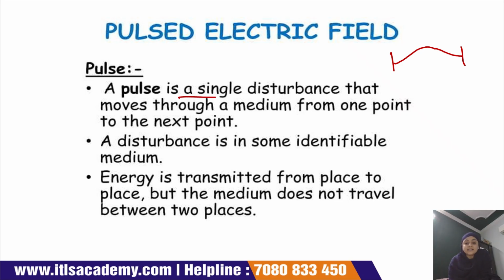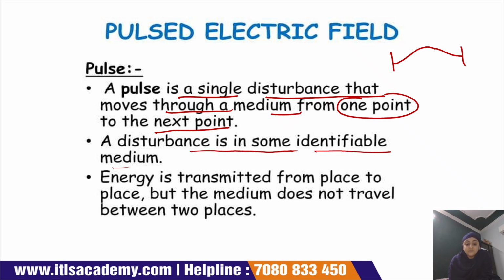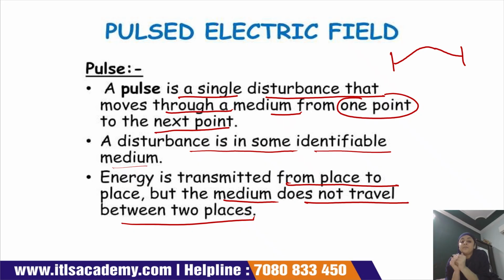A pulse is a single disturbance that moves through a medium from one point to the next point. A disturbance is in some identifiable medium. Energy is transmitted from one place to another place, but the medium does not travel between the two places.